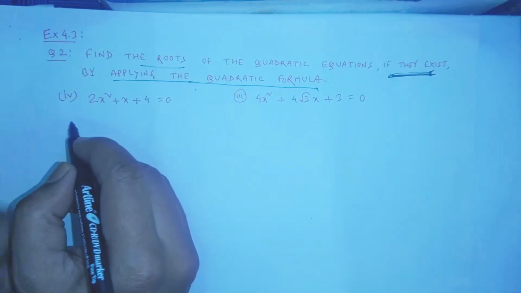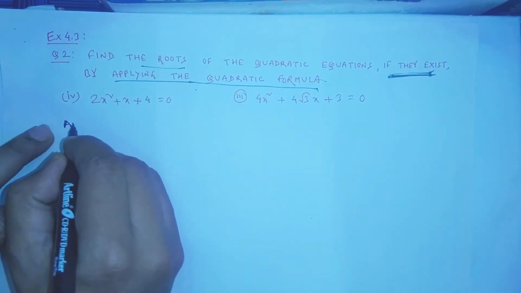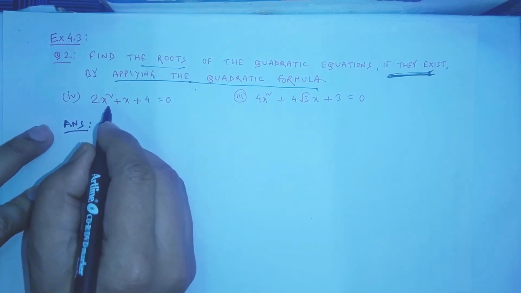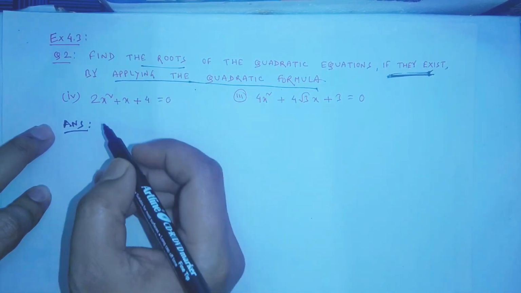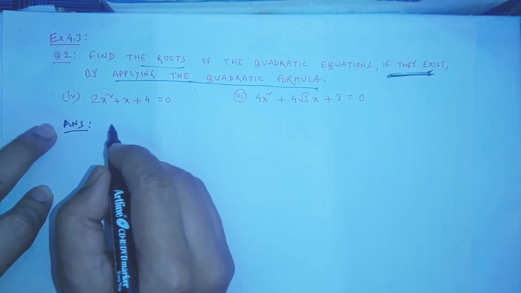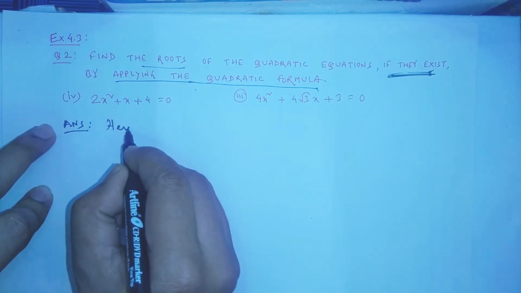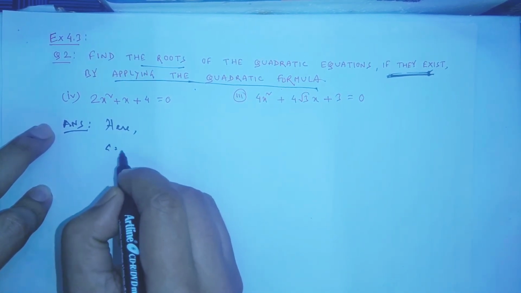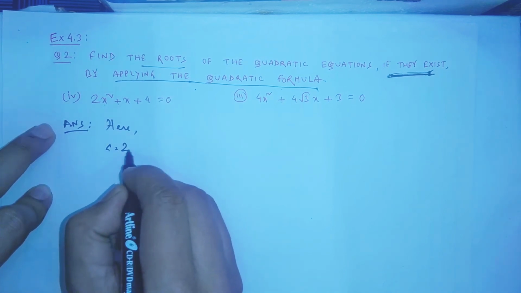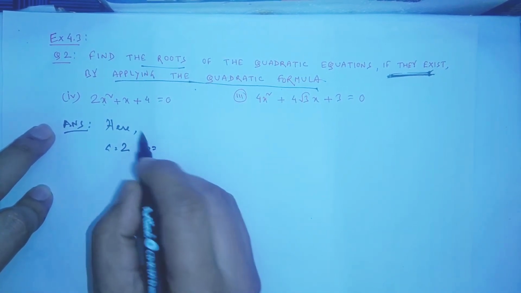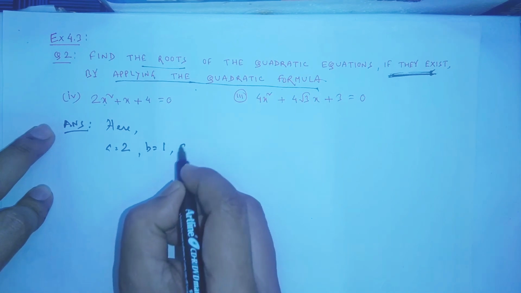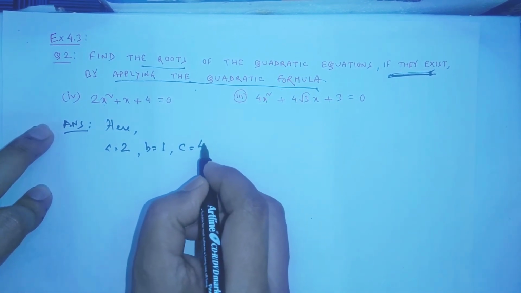So let's do the solution for this. The question is, we have to find the roots if the roots exist, that means if we have real roots. To do this, directly write down: a equal to, a is the coefficient of x square, so a is 2; b is the coefficient of x, so b is 1; c is the constant term, 4.